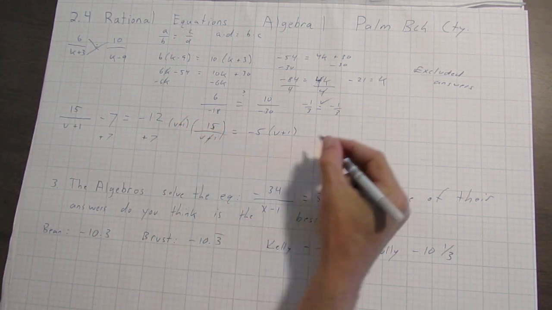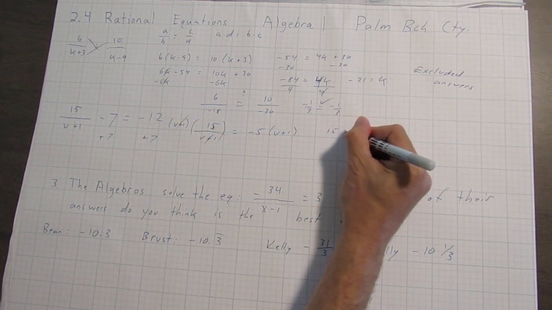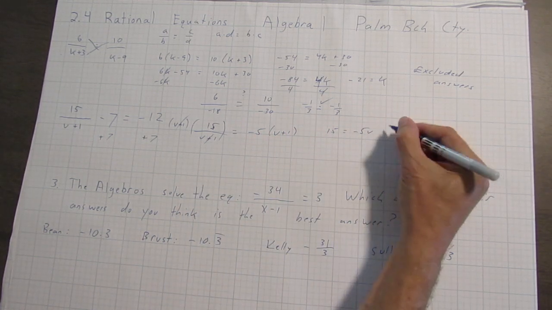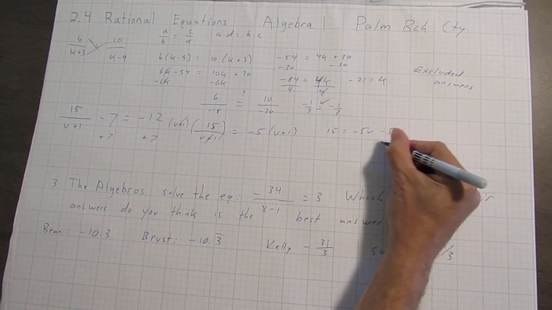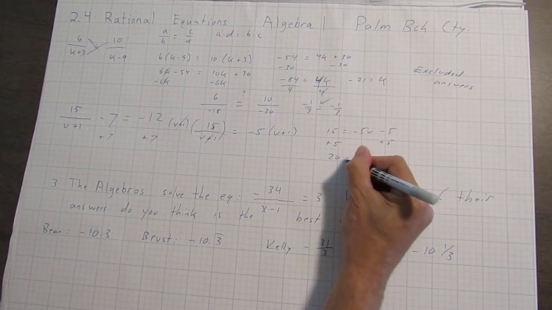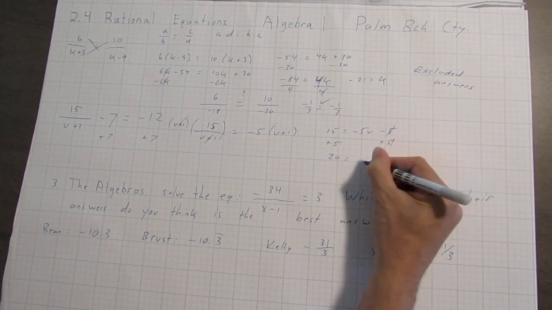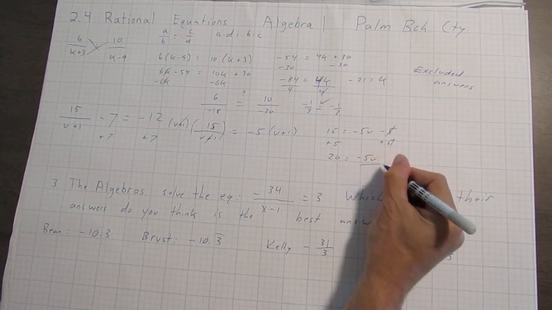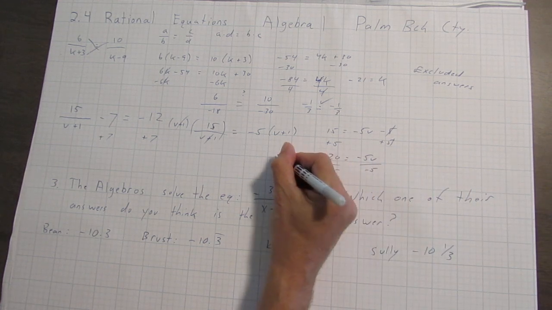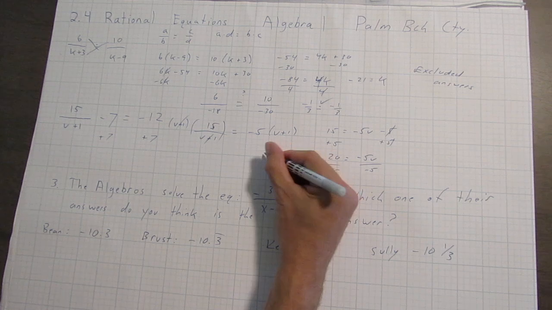They'll cancel here. I'll get 15 equals, I'll go ahead and distribute here, negative 5v minus 5. Add my 5, add my 5, 20, these cancel, equals negative 5v. Divide both sides by negative 5. v equals negative 4.